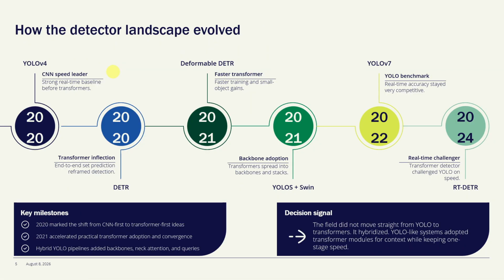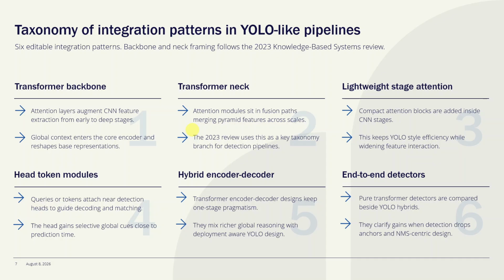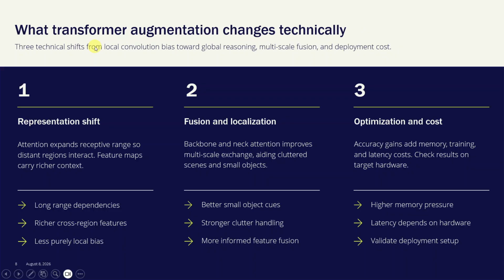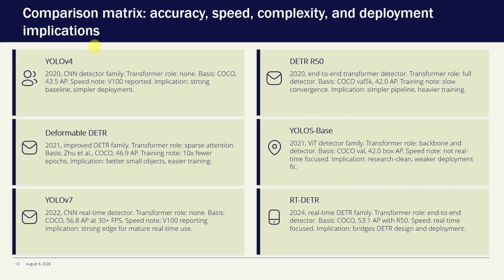Why this topic matters in computer vision is something very impressive. The timeline, as you can see, is much more appealing and much cleaner, and then transformer detectors versus YOLO hybrids. And as you can see, the taxonomy has been given in a very neat structure, very impressive.